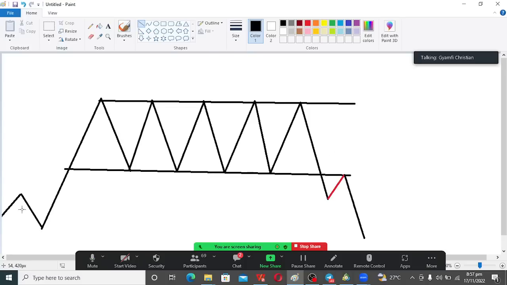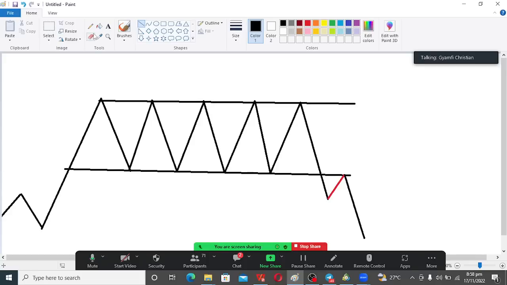So market was here, and if you want to know where markets will return for the retest, you look out for the recent, or the nearest, or the first obvious swing point. A swing point is where market actually returns.